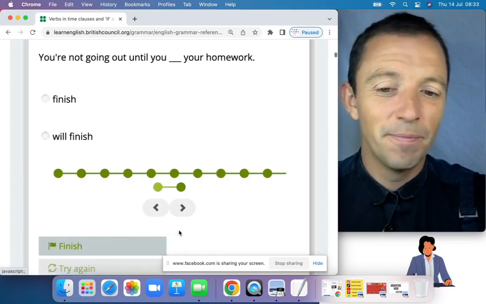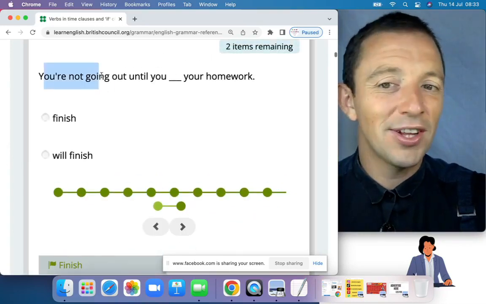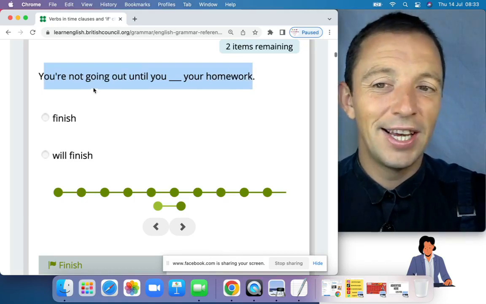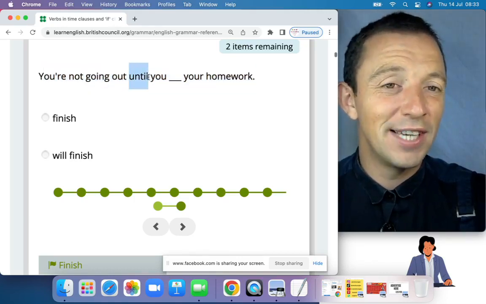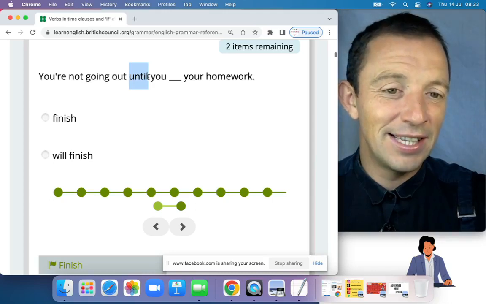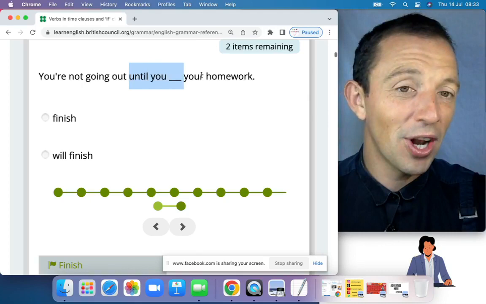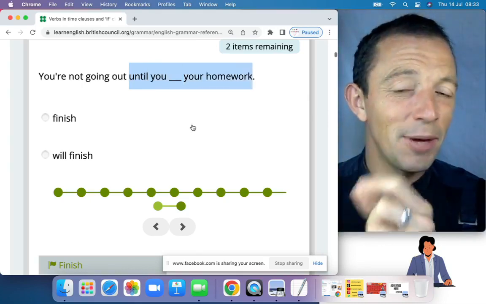Okay, two more. You are not going out until you finish your homework, or will finish. So the key word is until. That is the indication of the time phrase, the time clause. That's the second clause, it's the time clause.